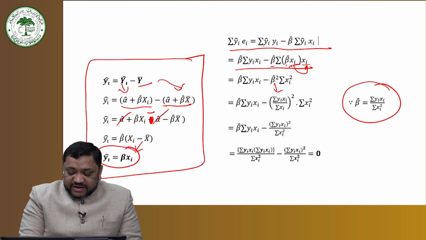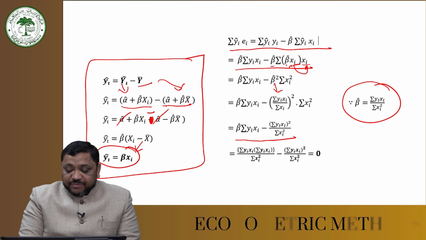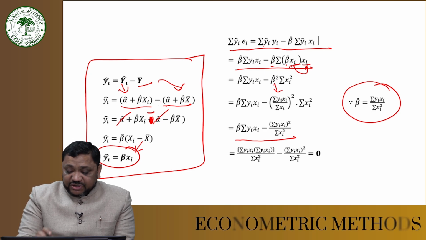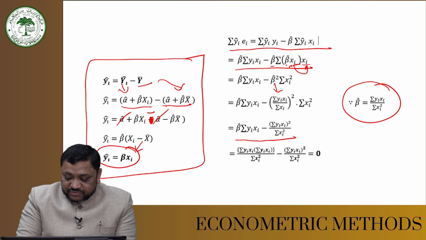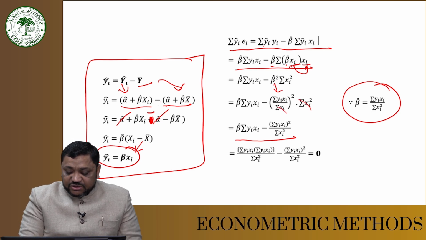So finally this can be written as beta hat summation yi xi minus the above term squared, summation yi xi divided by summation xi square, summation xi. Because there are two xi's beneath, because of the square, one of them gets cancelled and one is left.